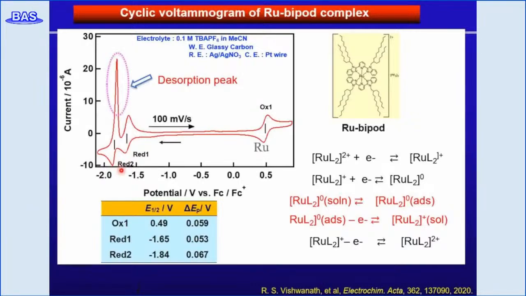For the oxidation peak, when changing the scan rate, the anodic and cathodic peak current is linearly dependent on the square root of the scan rate, which indicates the redox process is a diffusion control process. From CV, we can determine the half-wave potential of the ruthenium complex, as shown here.